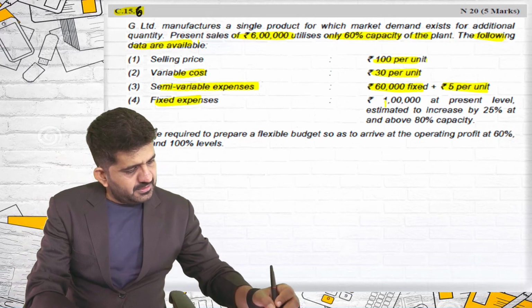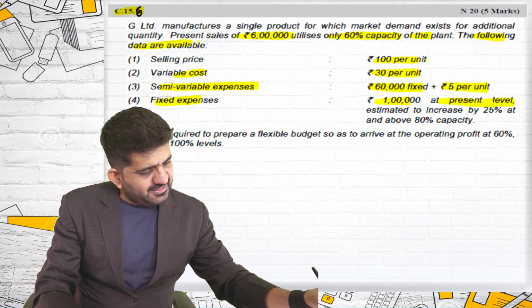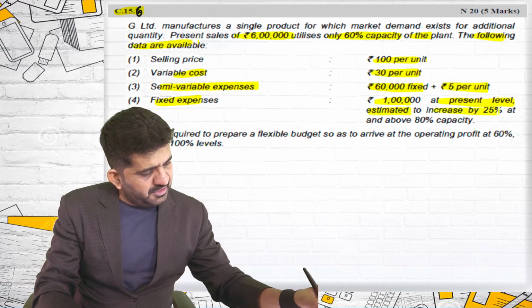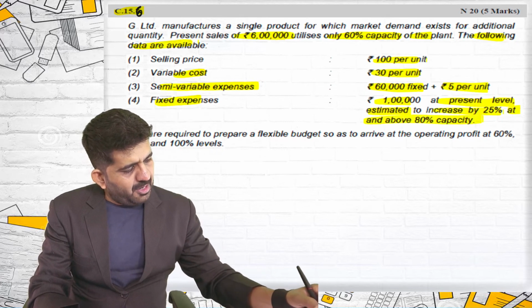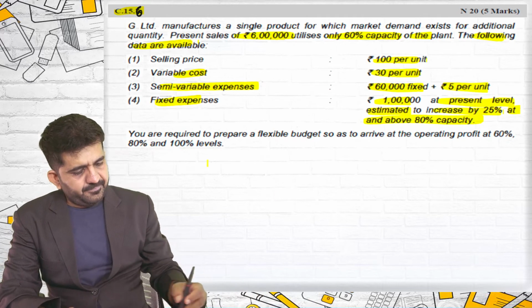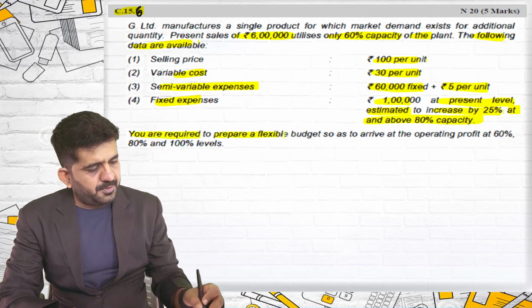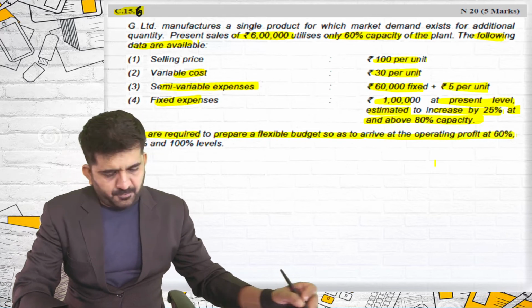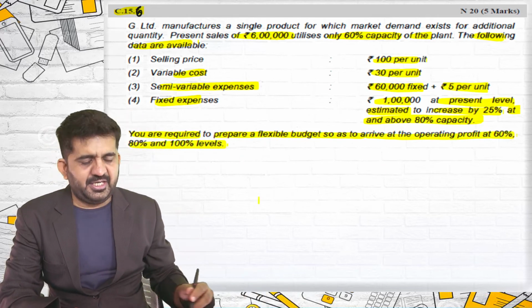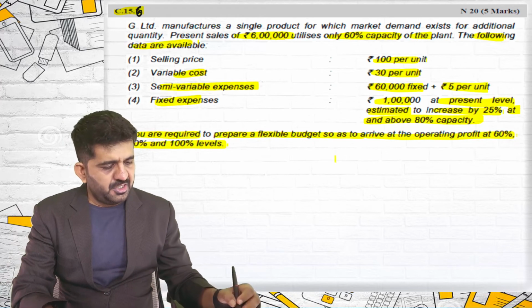Fixed expense 1 lakh at present level estimated to increase by 25% at and above 80% of capacity. You are required to prepare a flexible budget so as to arrive at operating profit at 60%, 80% and 100% level.